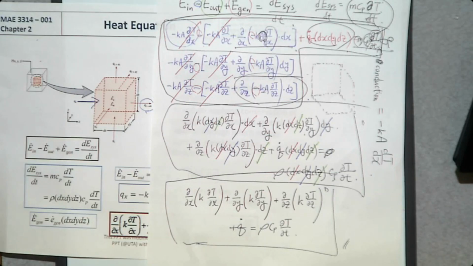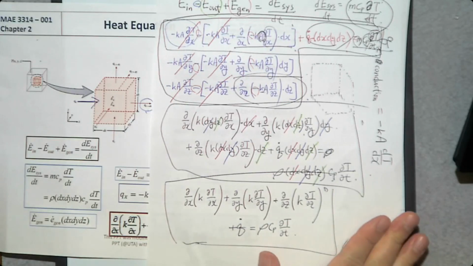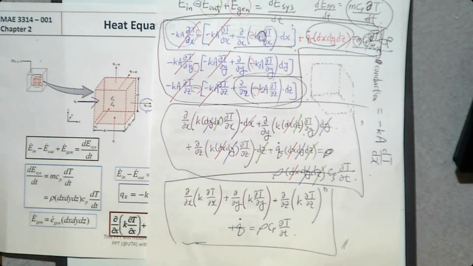In that way, we could simplify these equations, right? So the way that we derive it is not that important. You just need to know that this is not out of the blue. We use the energy balance equation and Fourier's equation together. So that's how we got this heat equation in the Cartesian coordinate system.